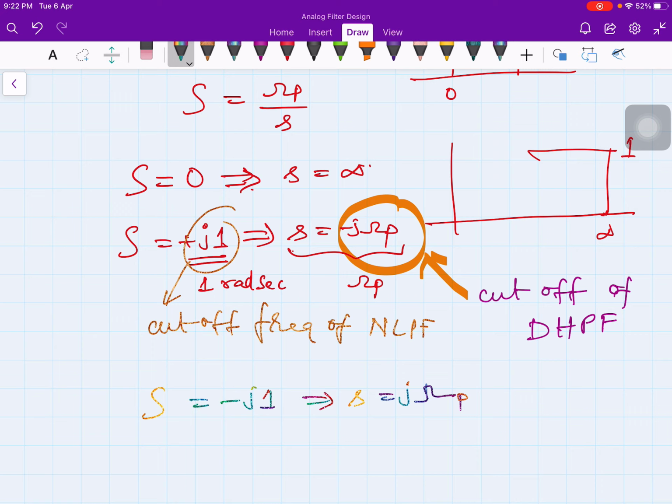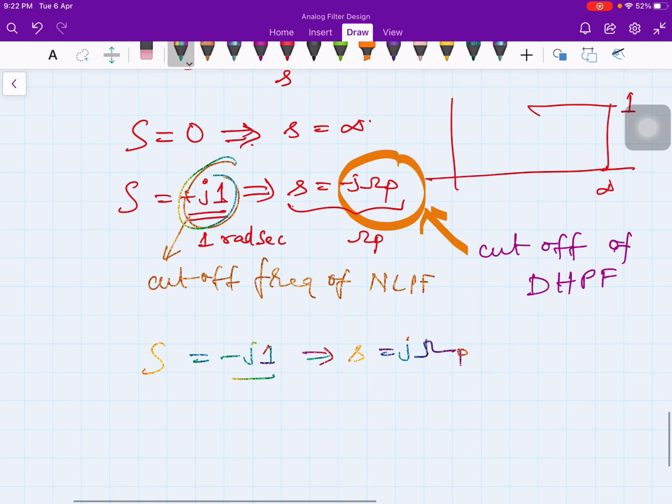Therefore it doesn't matter whether you take minus j omega 1 or plus j omega 1, because the magnitude characteristic is even. So when capital S equal to plus j1 leads to small s equal to minus j omega p, which means that the cutoff frequency is omega p. And it is now a high pass filter.